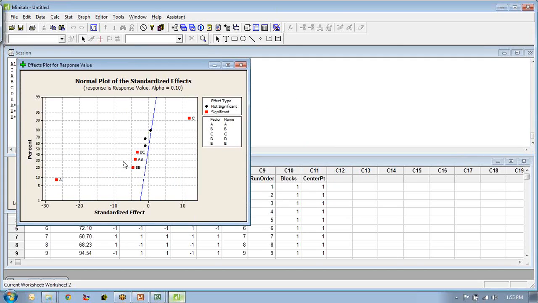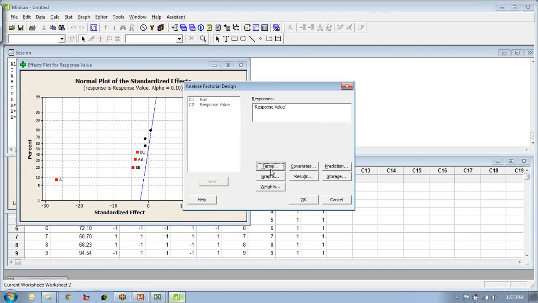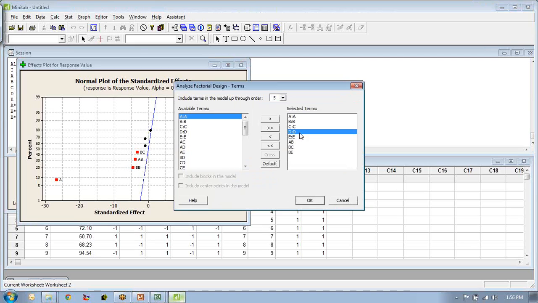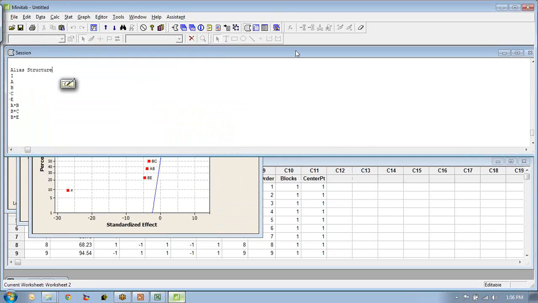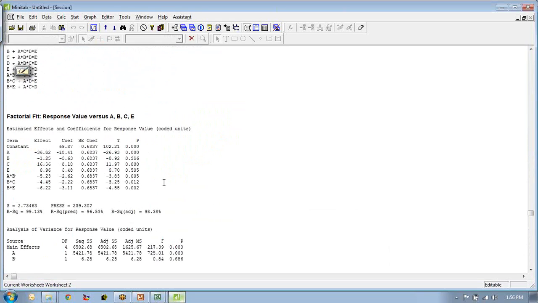Looks like it is those. So I've got to have A, B, C. I don't need D. I need all the others. There it is. So then this would be my model. I would stop at this.